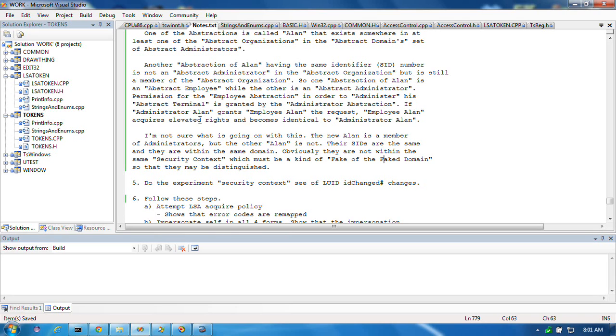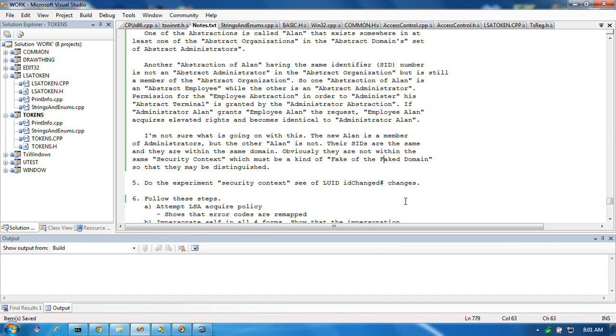I might be wrong. There might be another way, but I can't think of any other way in which you can have two things which are identical in every single respect, ID numbers and so on, and yet not be members of the same subgroups in the same organization on the same network.